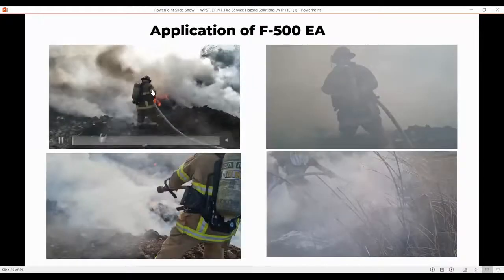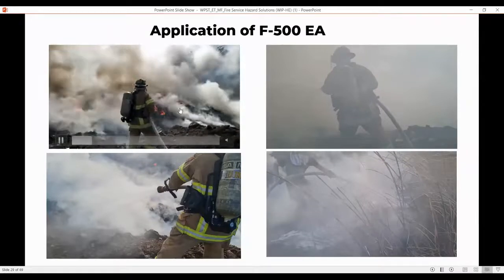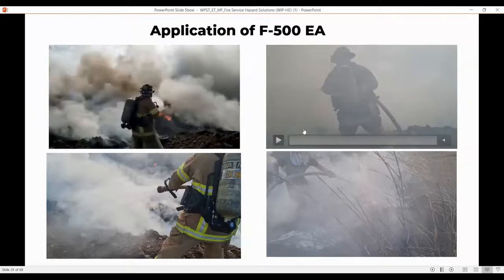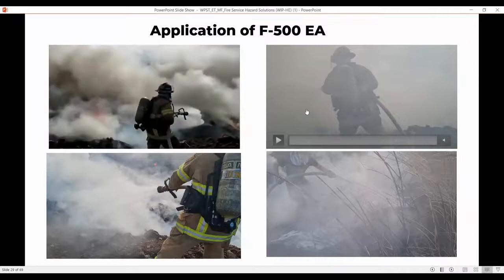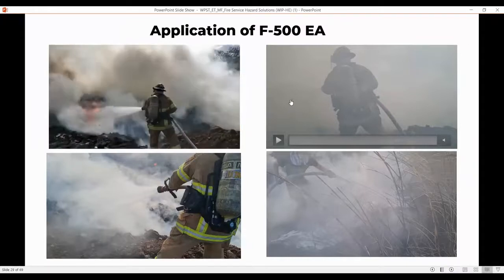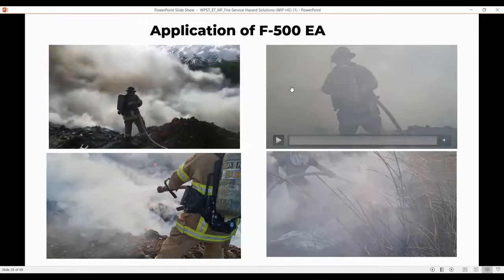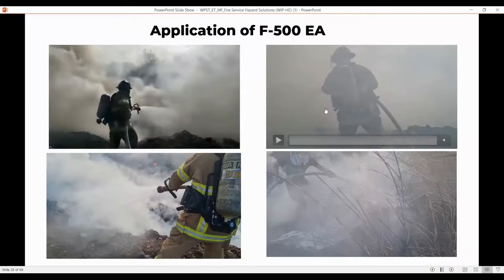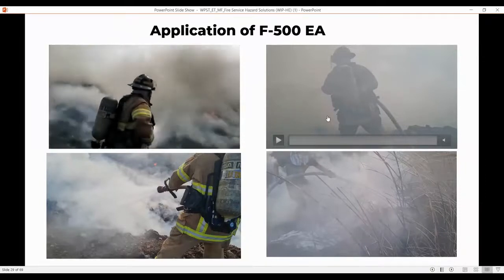Now this is after they were on scene with the F500 again. You can see the tires are still burning, but as they're applying F500, it stops that heavy black toxic smoke from forming. So again, that great reduction in the toxins that are being off-gassed in that smoke, rapidly suppressing the fire, cooling that rubber, keeping the toxins down.